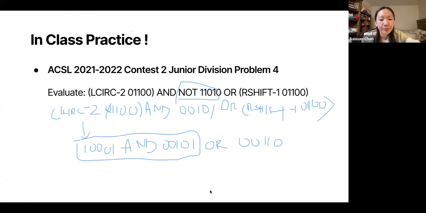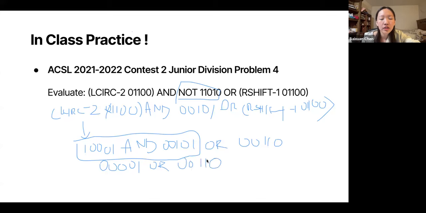So then, because the only digit that has both ones is the 5th digit. Okay, so then it'll be 0, 0, 0, 0, 1, or 0, 0, 1, 1, 0.